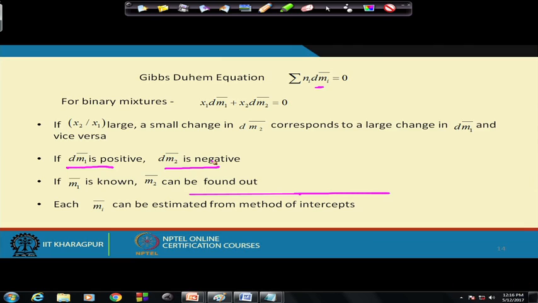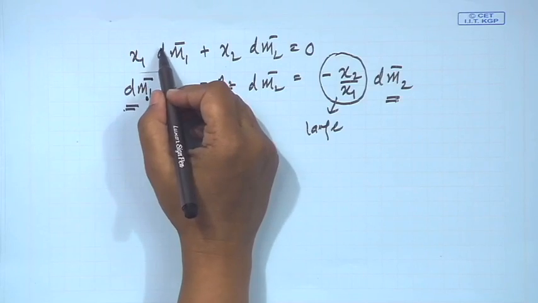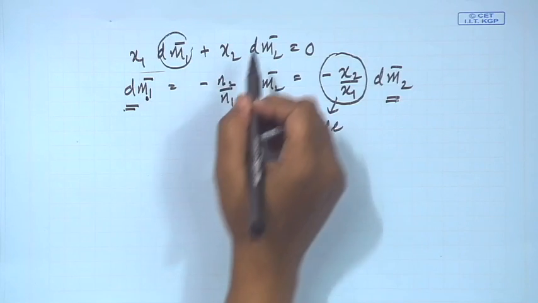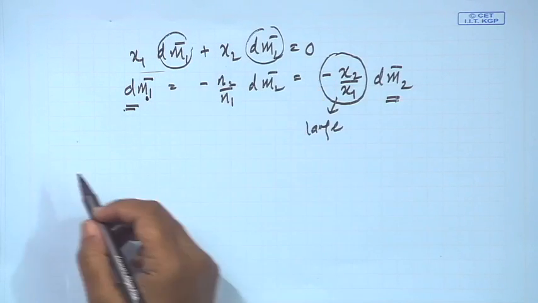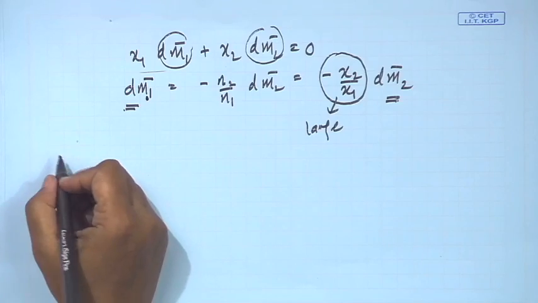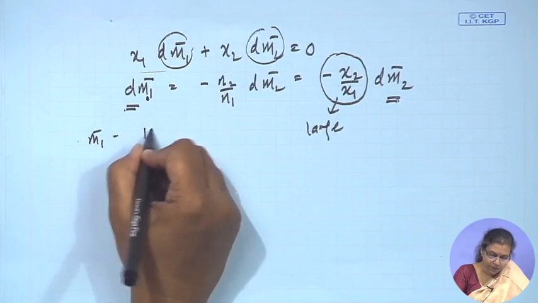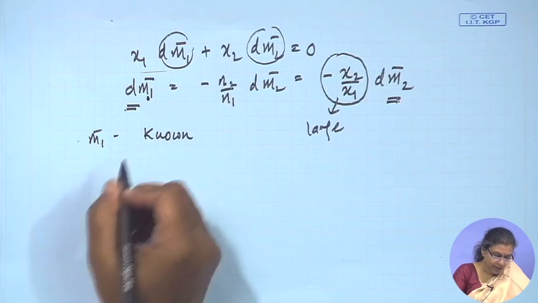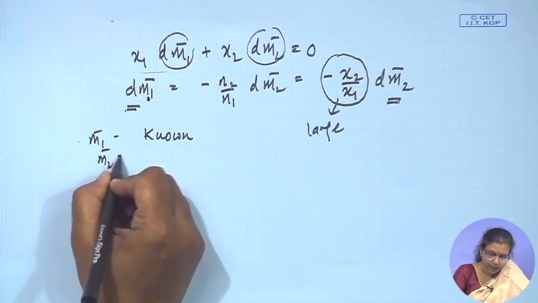And the most important thing is that it is very difficult to find out the partial molar properties. So, this equation gives us a way by which, if I know the variation of dm1, I would be in a position to find out dm2. On integration, it will give me m2 bar for any particular composition x2. So, how do we go about doing this? Suppose my m1 bar is known, and I would like to find out my m2 bar.